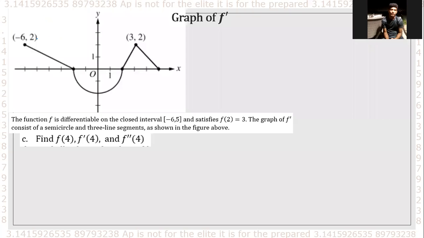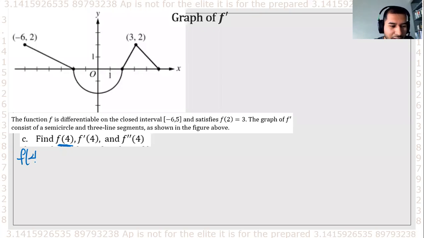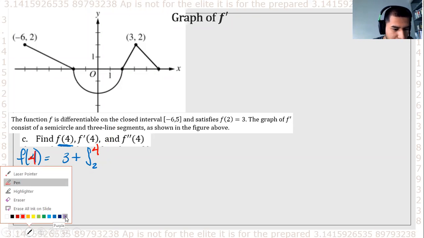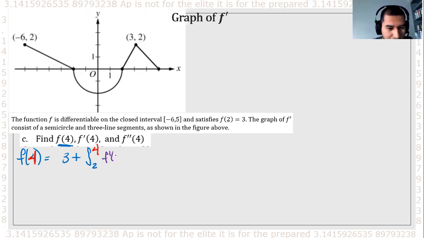Alrighty. April Fools. So let's find f of 4. f of 4 is pretty much the same equation, 3 plus the initial condition of 2, and the value they want me to find, which is 4, and the integral of the given function, and so forth.